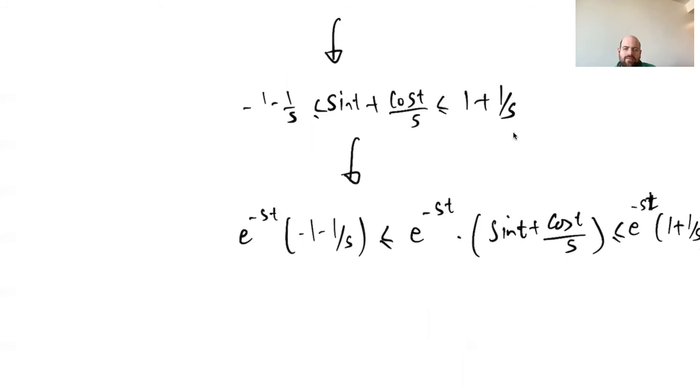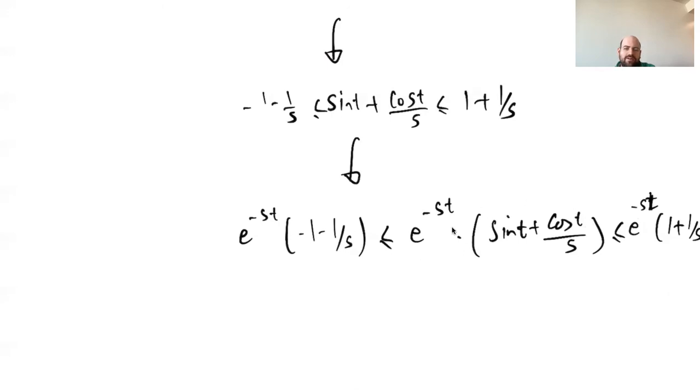And then now, if I look at the limit of this expression and this expression as t goes to infinity, remember, the limit is over t, s is considered as a constant. So this is a constant times e to power minus infinity, which is 0. This is also a constant times e to power minus infinity, which is 0.